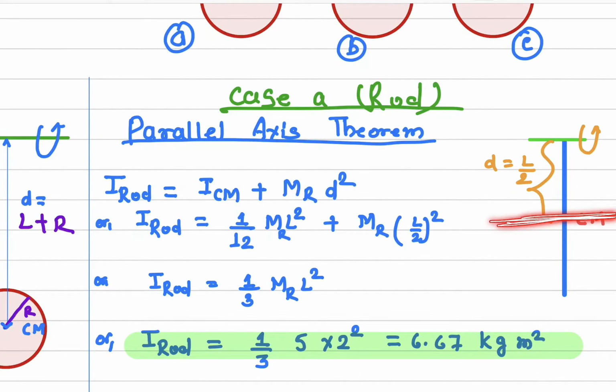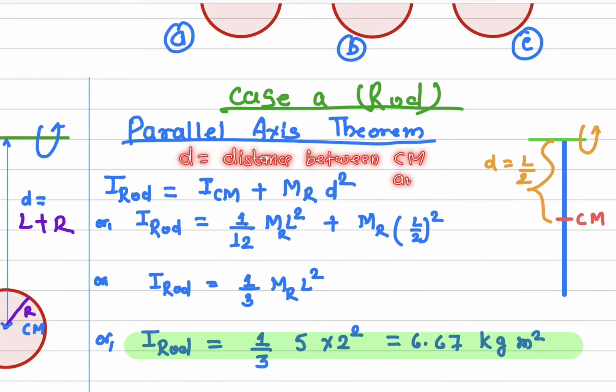The CM stands for the center of mass. Second, the mass of the rod times d, where d is again the distance between the center of mass and the axis of rotation.